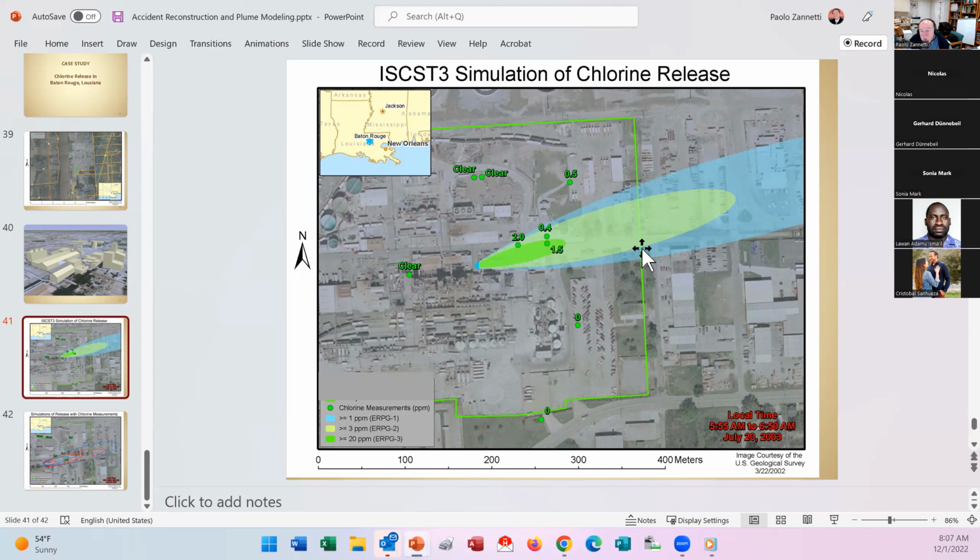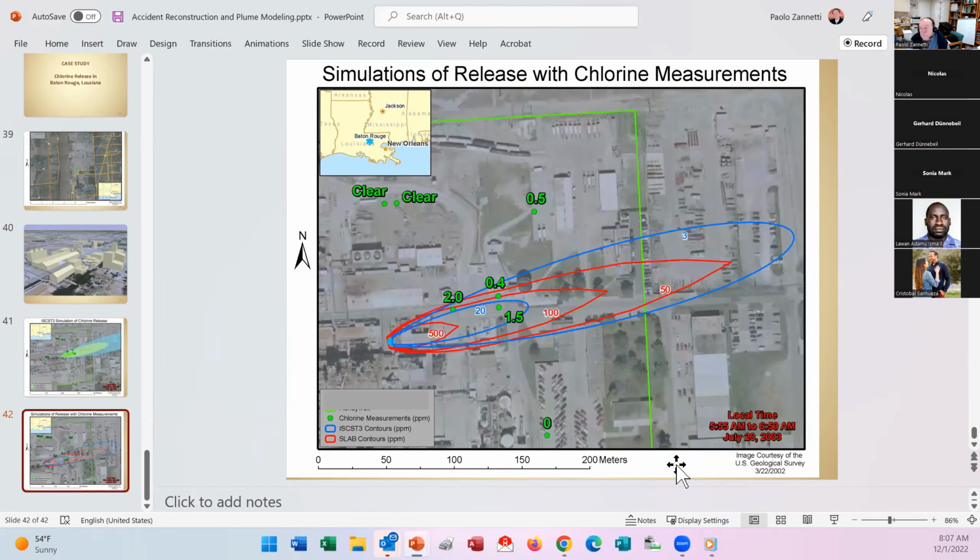The fence line was about 200 meters. So if the leak had been here at the fence line, perhaps it would have been different. But the fence line was 200 meters away, and I believe the residential area was away from these isopleths.